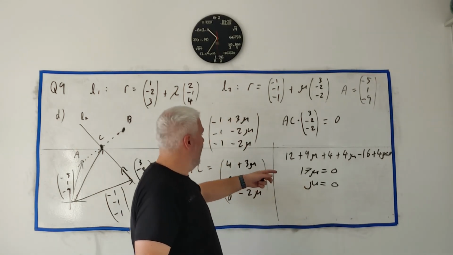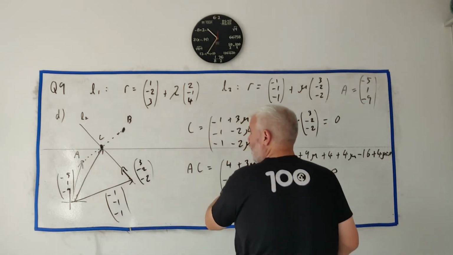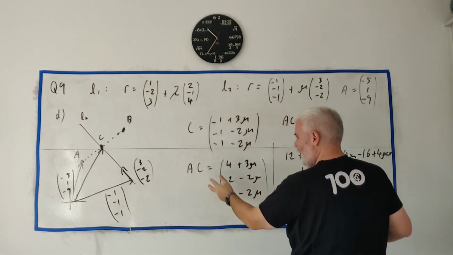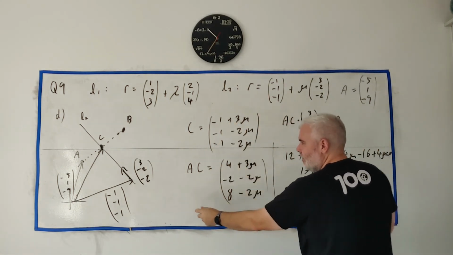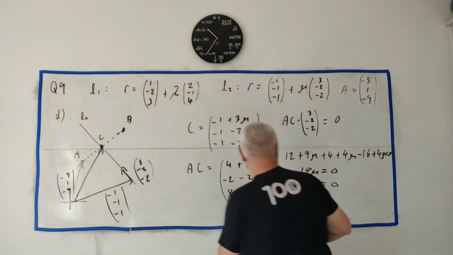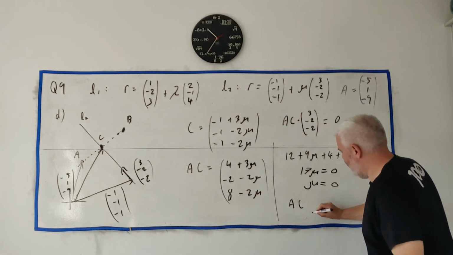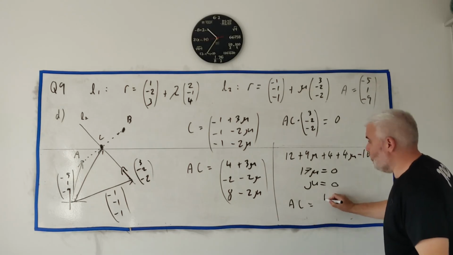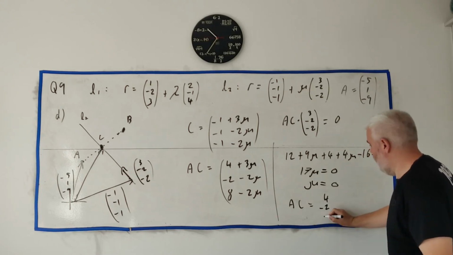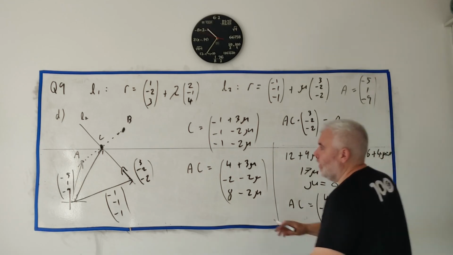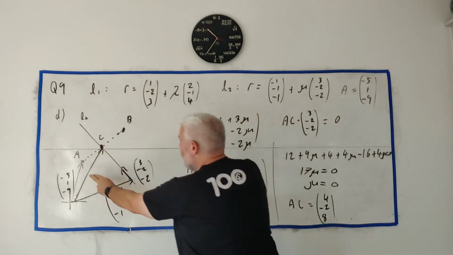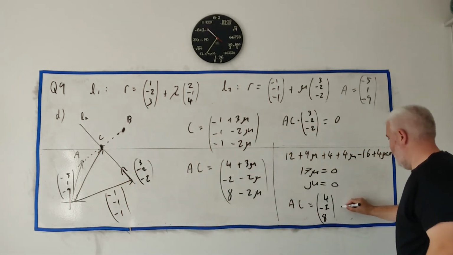If I put mu in as 0, I can find what C is, or more importantly AC, because I want 2 times that. If I put mu in as 0, AC becomes 4, -2, 8. AB is just 2 times this.